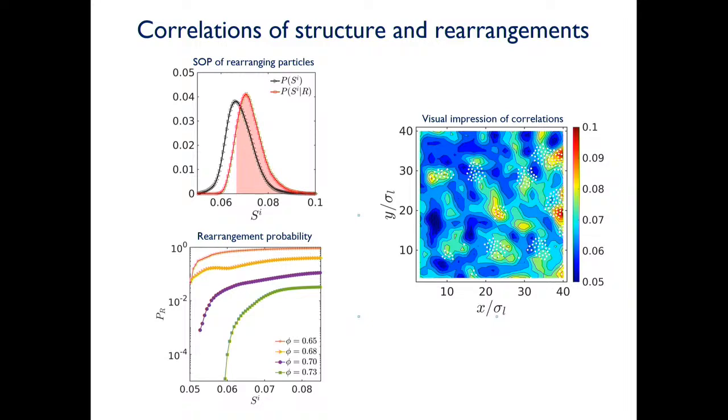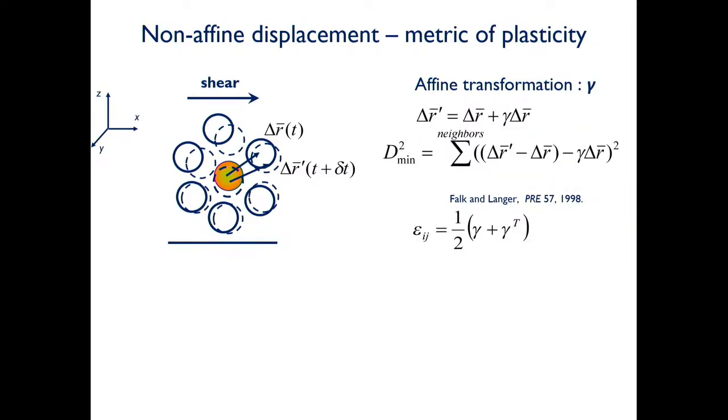So what I've established is a strong correlation between structure and the rearrangements in Poisson systems, and the rearrangements here are occurring due to thermal fluctuations. Now we want to extend these ideas to sheared systems, to see whether we can find a similar kind of structure order correlation.